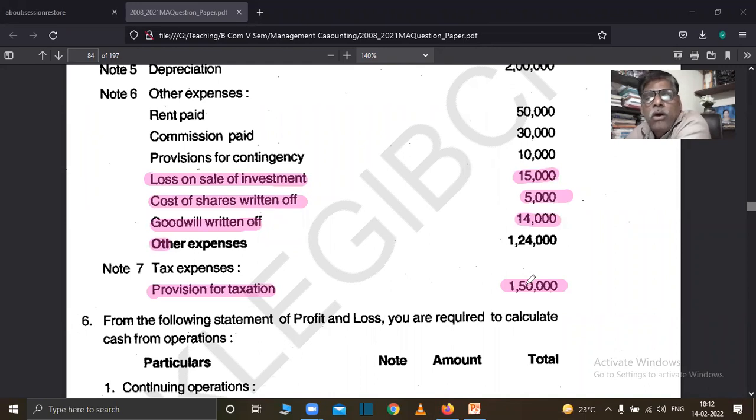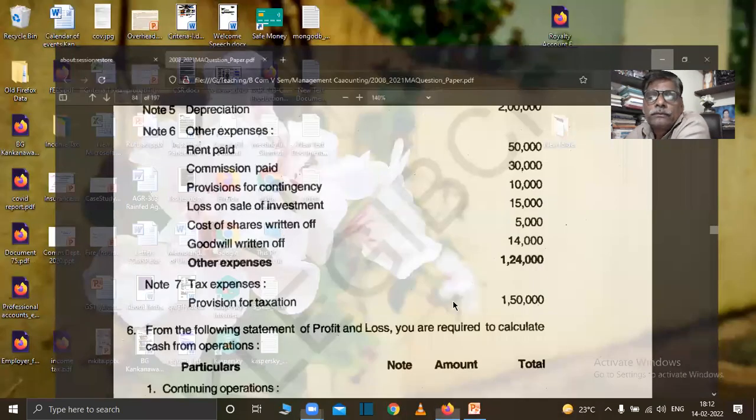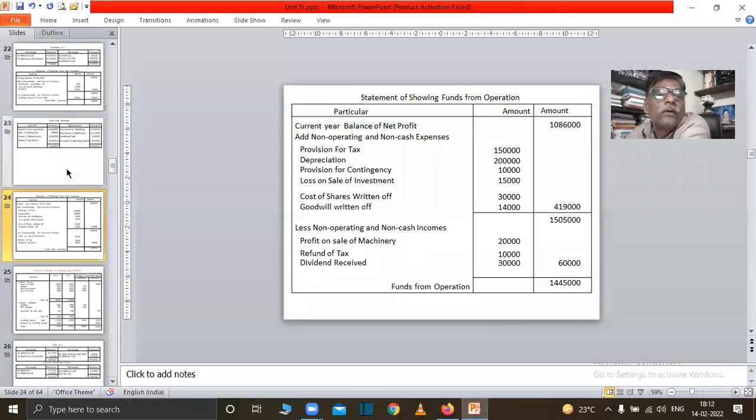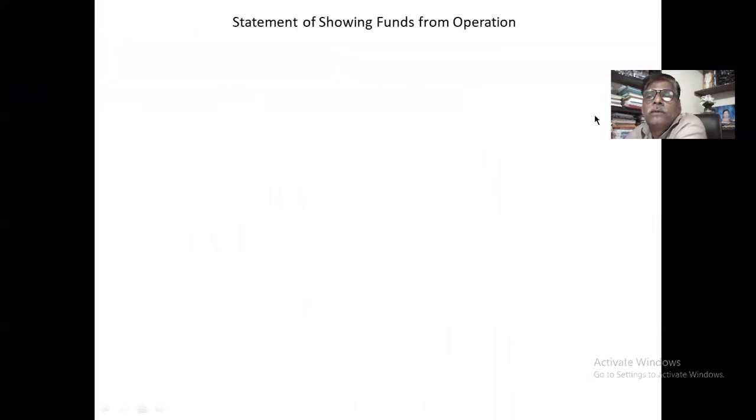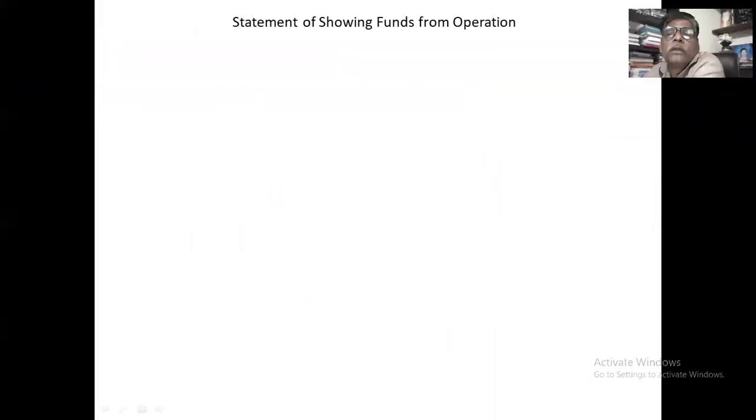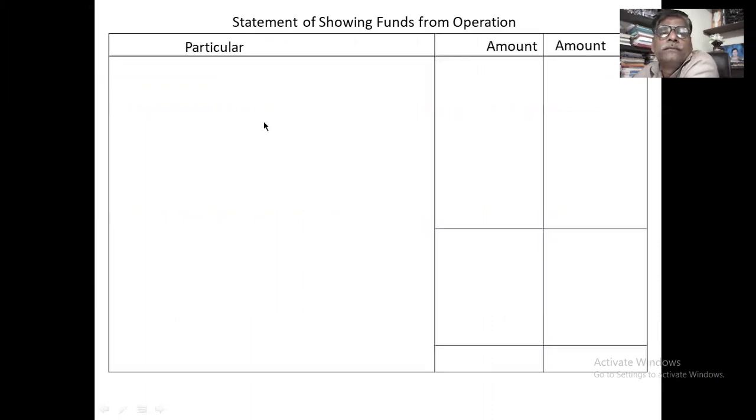funds from operation. Okay, you see the solution. This is the statement showing funds from operation. Particulars, amount. You take the current year net profit.